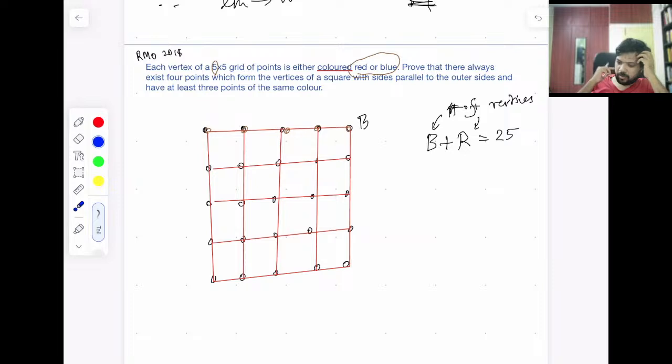This is maybe not a good idea. So I don't know how to implement Lauren's observation. B plus R is the total number of vertices, which is odd.